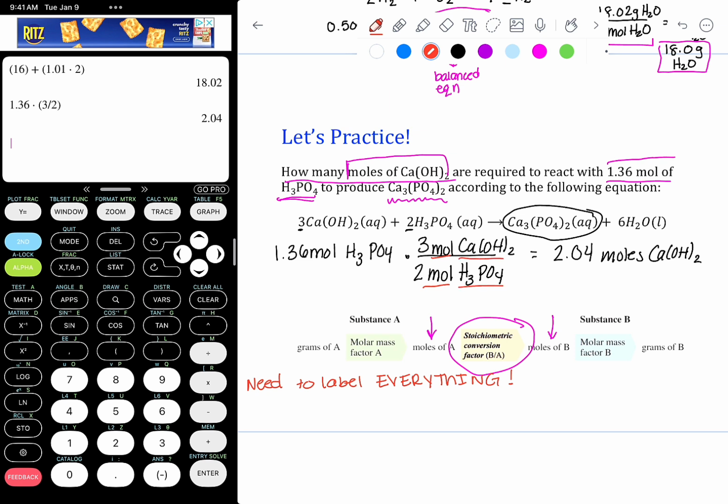So here I'm making sure that I put 2 moles of H3PO4 and 3 moles of CaOH2, just so that I can see how specific units are canceling out, because if I just left this as moles and moles, I would not be positive that I'm canceling the right numbers. What if I accidentally swapped those numbers? Okay, so by adding these labels, it's another way to check that we've done the math correctly. Okay, so label everything.